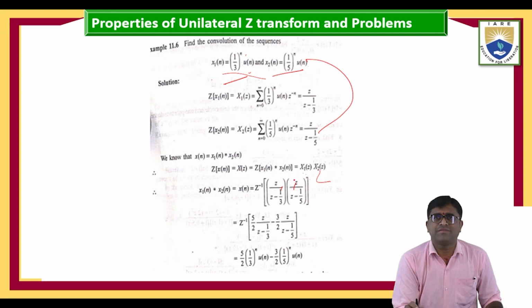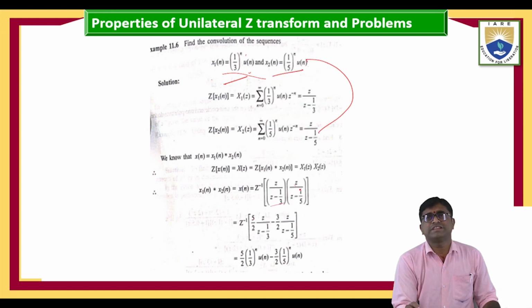Total two values. After that, we have to take the Z transform of this total value, the first two equation values. For this one, we got the partial fractions, that is 5 by 2. What happened for this second part also?